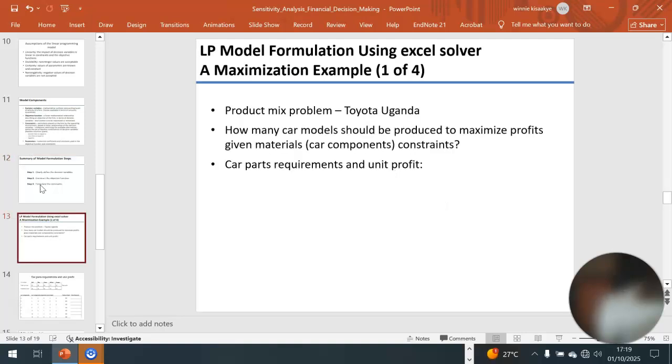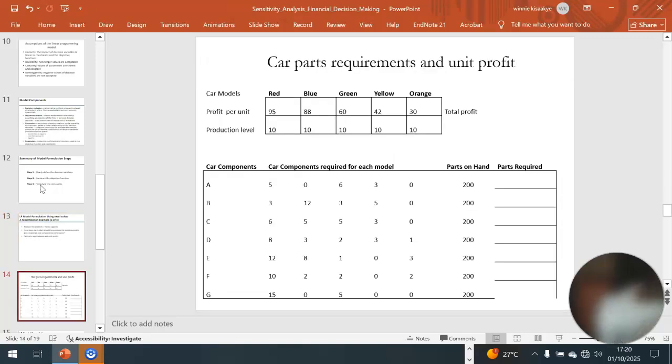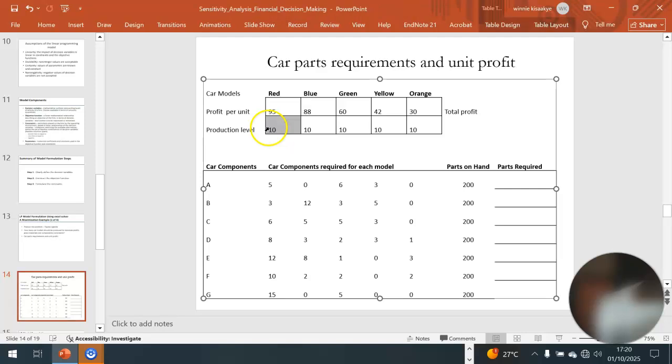So we have a problem here, the product mix problem. Here we are asking ourselves as Toyota Uganda, how many car models should be produced to maximize profits given the materials? Much as we have an unstructured problem here, we are still assuming a production level of 10 per each car model, while making these profits per unit of each car model.